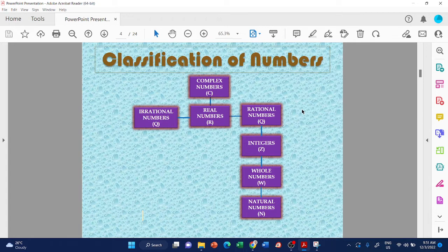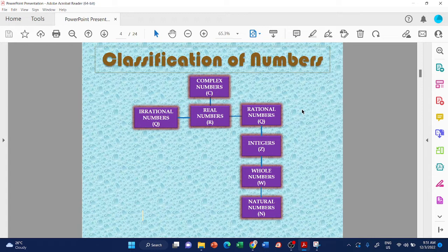Okay, numbers that are not rational will be in square root form, something like square root of 3. Square root of 3 cannot be written as a fraction. And then we have something like the continuous non-repeating decimals, similar to pi, 3.14 something.